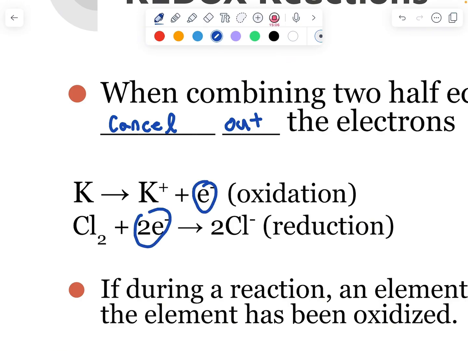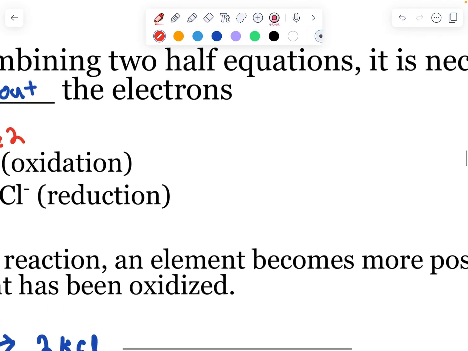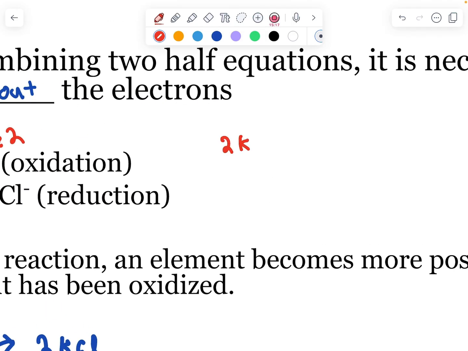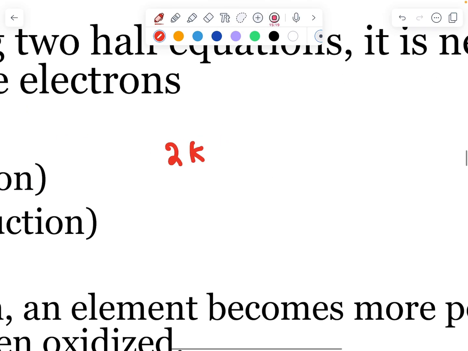So what we can do is multiply this potassium side by 2. And so we're going to have 2K yields 2K positive plus 2 electrons.